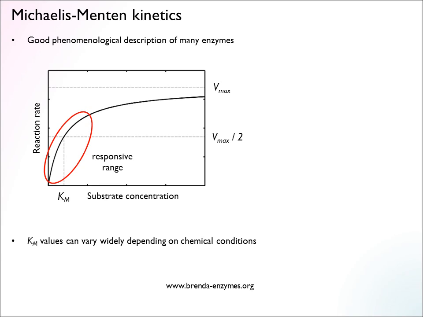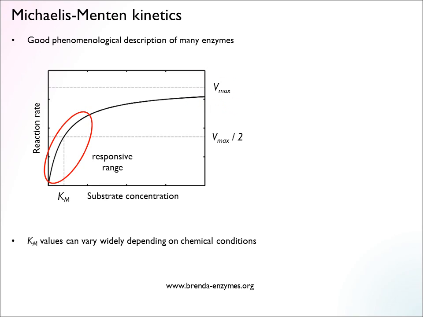I don't think that's so important for us, but the Michaelis-Menten type of kinetics, this situation where the reaction rate that an enzyme has varies with substrate concentration, increases quickly in the lower range, and then it kind of saturates and moves towards a maximal rate.